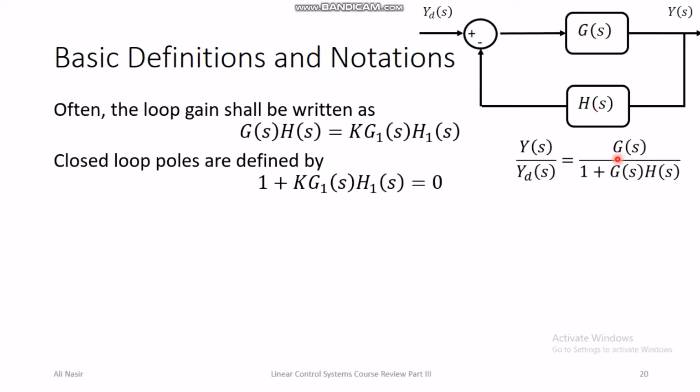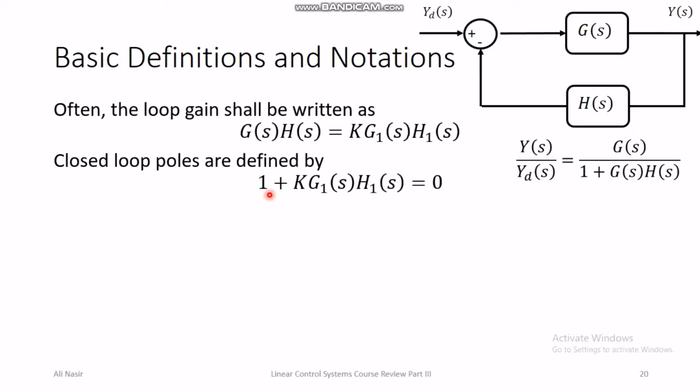This does not make a big difference, because you can always make C(s) G(s) one transfer function and H(s) equal to 1, so that will give you back the same closed loop configuration that we have used in the remaining part of the course.